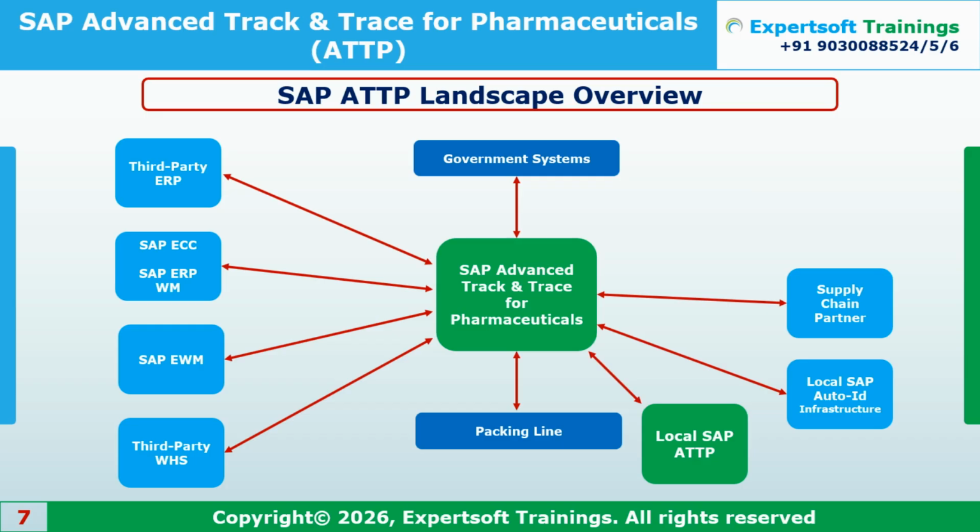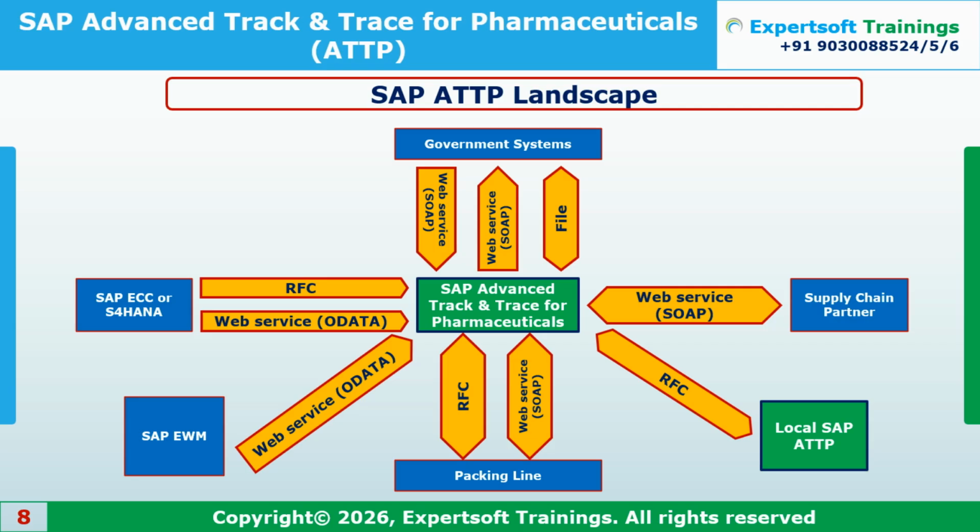It depends on when they are retiring their landscapes, but the old landscapes can still communicate with ATTP. The same things we discussed on the above slides: supply chain partner, packaging line. Now, how the EWM server will be integrated to ATTP is via web service or OData, ECC or S4HANA. This we talked about on the above slides, not really a big thing.